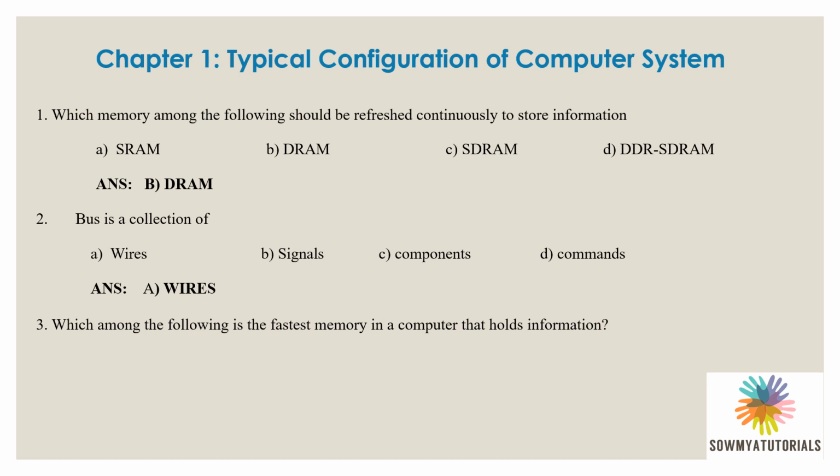Third question. Which among the following is the fastest memory in a computer that holds the information? The options are register, main memory, cache memory, and random access memory. So what are these? Register means what?